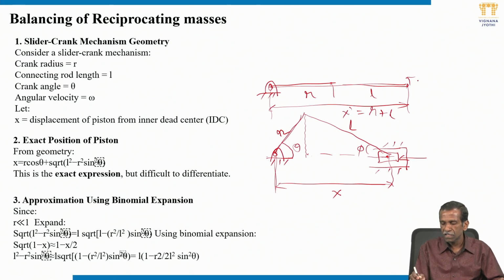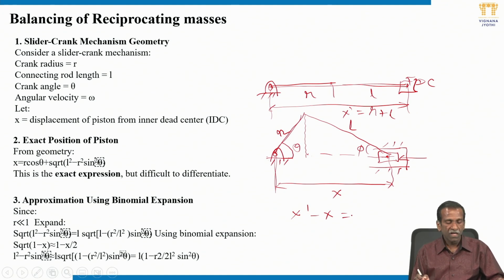When the piston is at top dead center and is then displaced by the pressure force toward the inner dead center, the displacement given is x dash minus x, which we can also write as some x double dash expression.